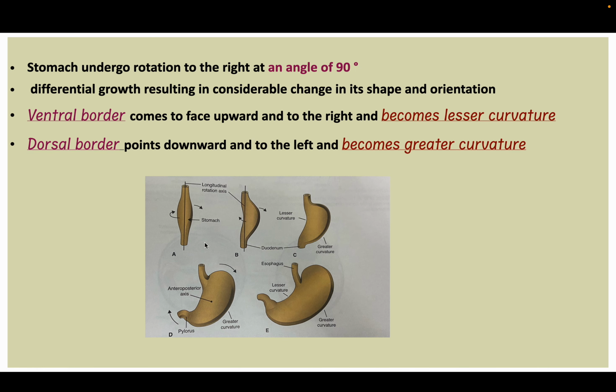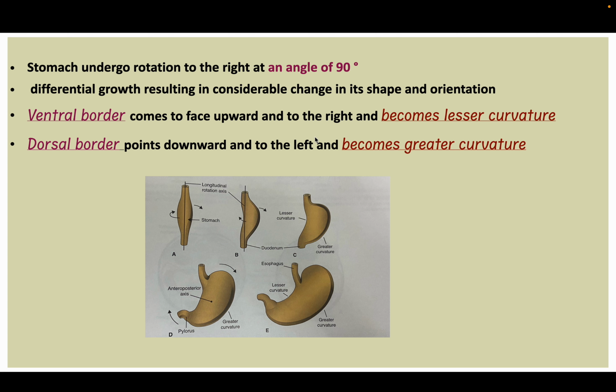Now after this event, the stomach undergoes rotation to the right at an angle of 90 degrees. With this rotation and differential growth, some changes happen in its shape and orientation. The ventral border comes to face upward and to the right and becomes the lesser curvature, and the dorsal border points downward and to the left and becomes the greater curvature.